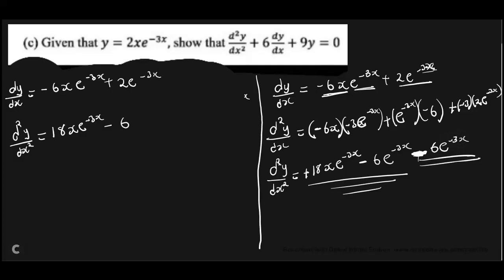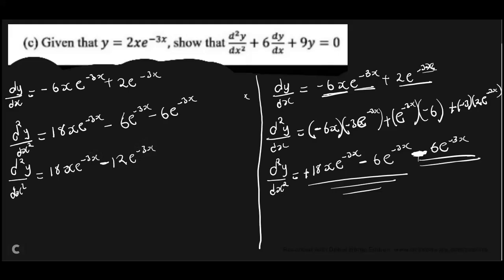Now there you have this, right? If you check, the powers are just the same, so meaning that the second derivative we have 18x e to the power negative 3x, then minus 4e to the power negative 3x like that.